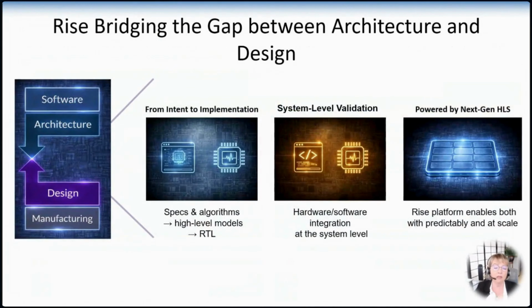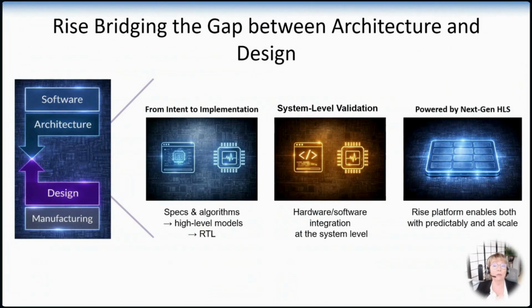Essentially what Rise is doing is we bridge this gap between architecture and silicon in design. We do that with three major columns. First, looking at it from intent to implementation, so from specification to algorithm to system model through RTL.